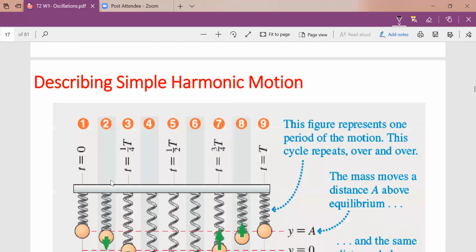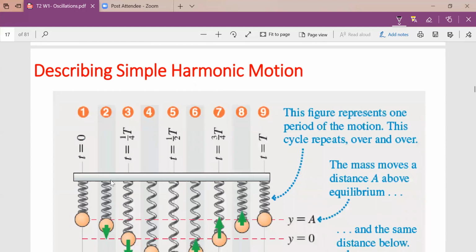Okay. So let's use a few minutes remaining to see the description of simple harmonic motion. We've already seen simple harmonic motion as an oscillatory motion. We've seen the description of forces and how they relate to back and forth motion. How exactly do we describe simple harmonic motion?